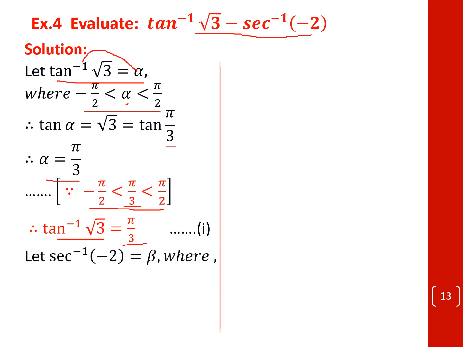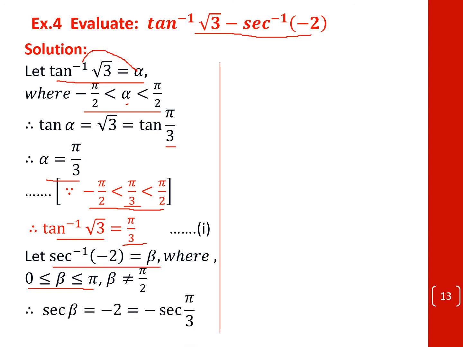Similarly, let us consider sec inverse of minus 2 is equal to beta, where beta lies in closed interval 0 to pi and beta is not equal to pi by 2. Therefore, sec beta is equal to minus 2. See student, sec is reciprocal of cos.